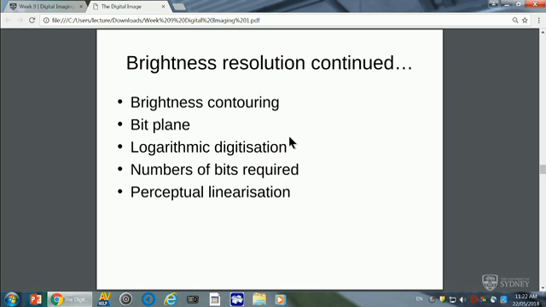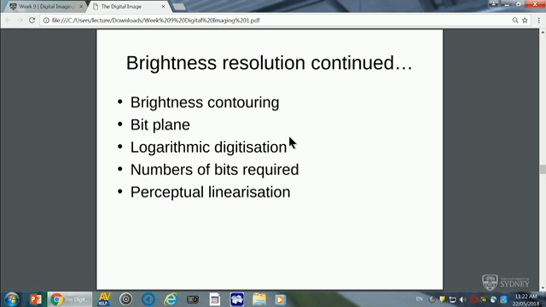And we talked about this perceptual linearization last week. Does anybody want to remind me what perceptual linearization is? Correct. It's your ability that if you're struggling with seeing something, you'll naturally go into a bright room or under a bright light, because you can detect subtle differences more easily when the image is bright compared with when it's dark, even though the absolute grey change may be exactly the same.